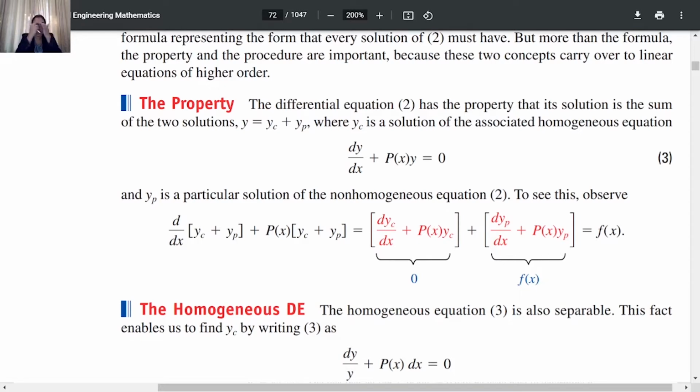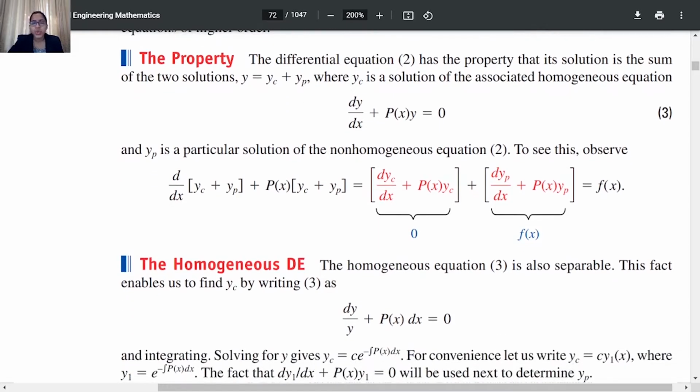Okay, so the solution of this linear differential equation can be considered as a sum of two solutions. One is of the associated homogeneous equation, and the other is of the non-homogeneous part.